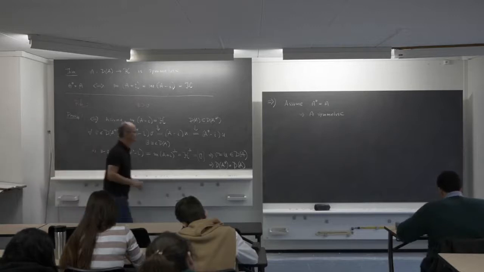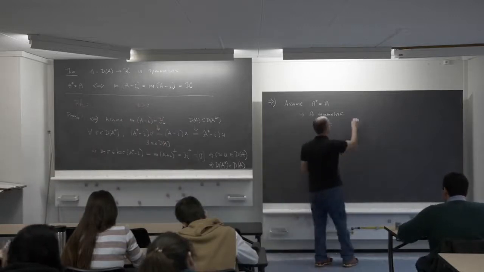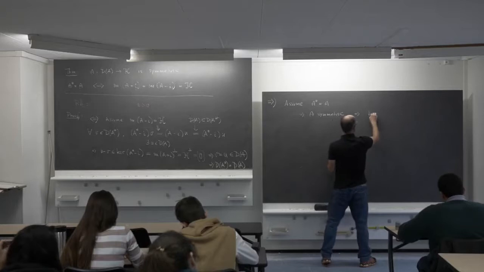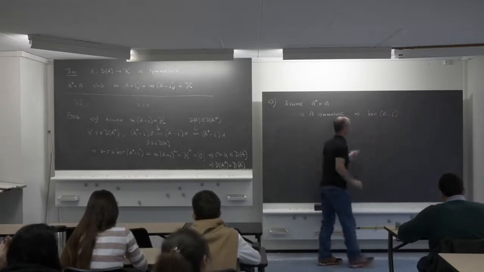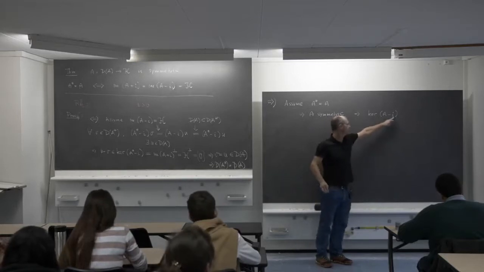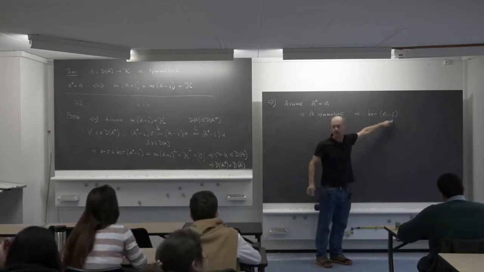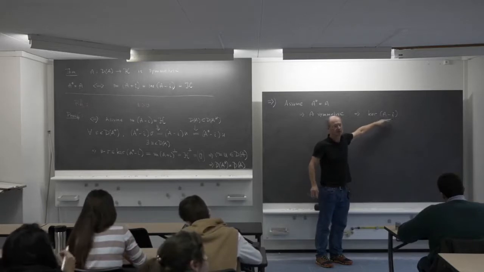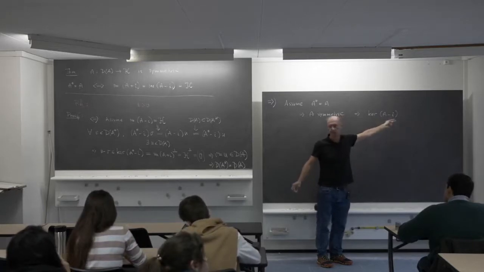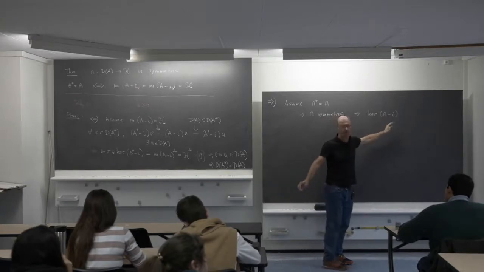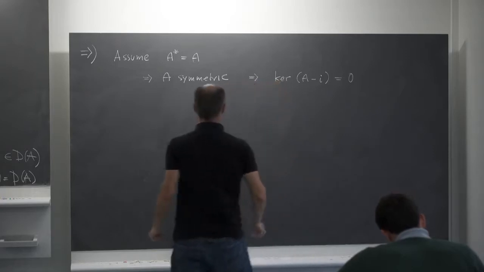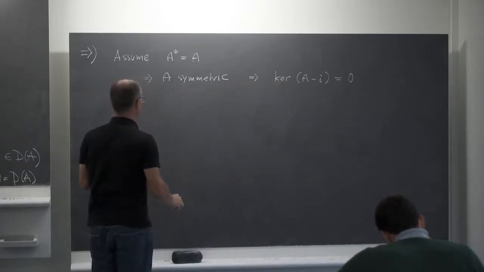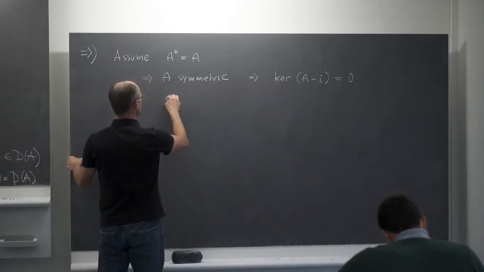And this implies that the kernel of, let's say, A minus I, right? That's the set of eigenvectors with eigenvalue I. But we know that to have eigenvectors, the eigenvalue better be real, right? So there are no eigenvectors with eigenvalue I. So this is 0, right?